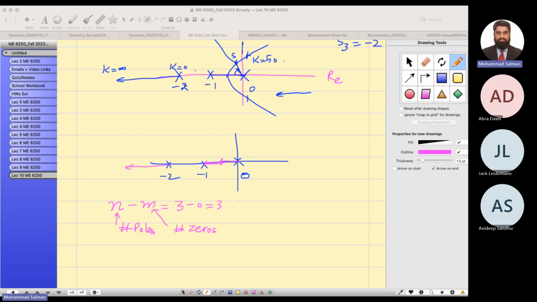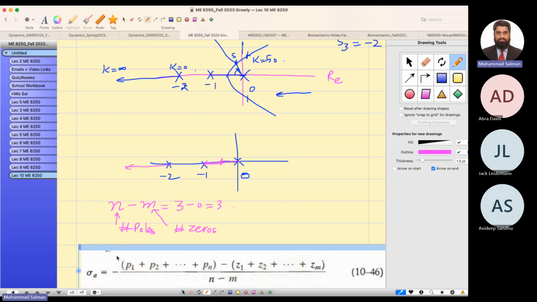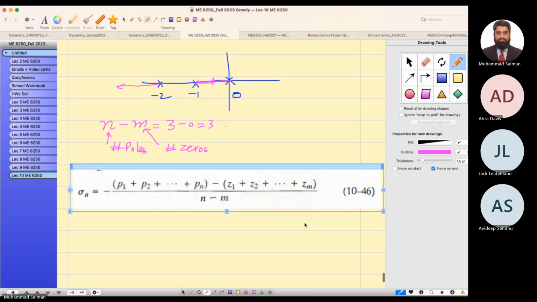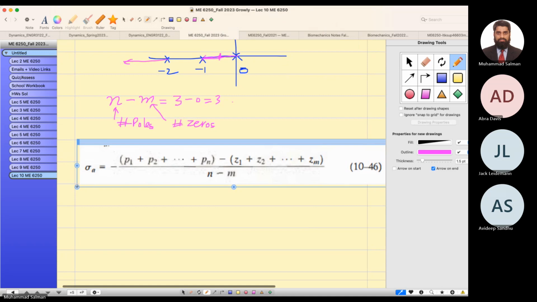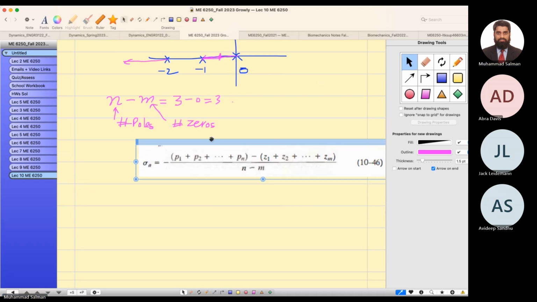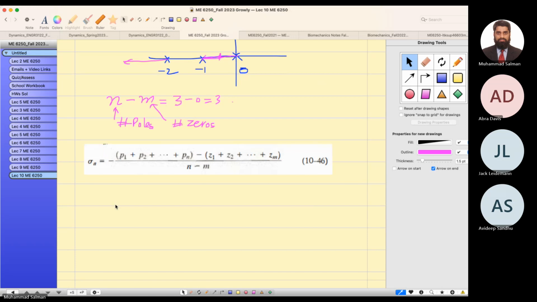I found it. This is 10.1. Where do you start the asymptotes?